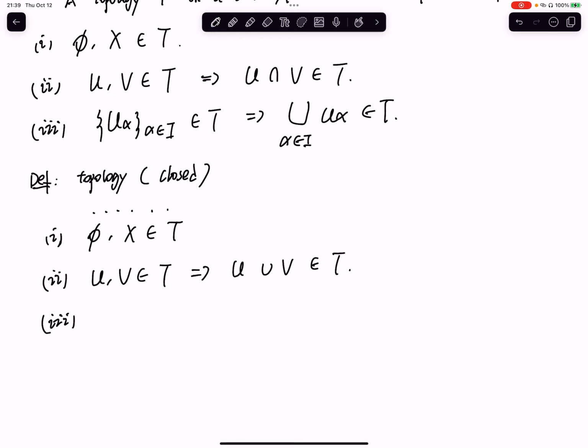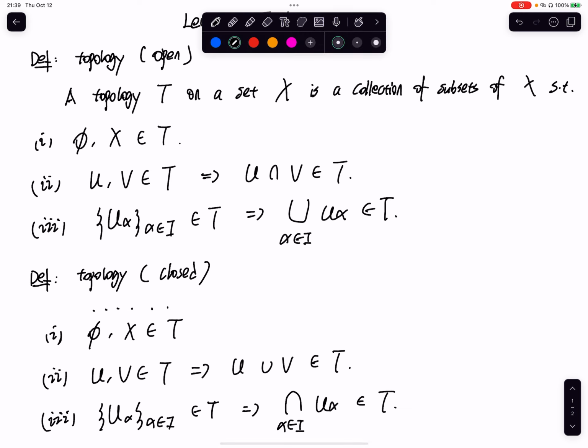And thirdly, if U alpha is a collection of closed sets in T, we have the arbitrary intersection also in T. And in our lecture, we're going to apply the first terminology.